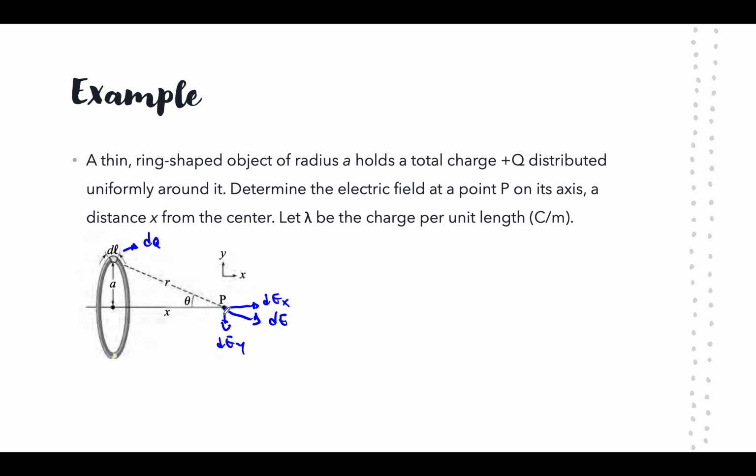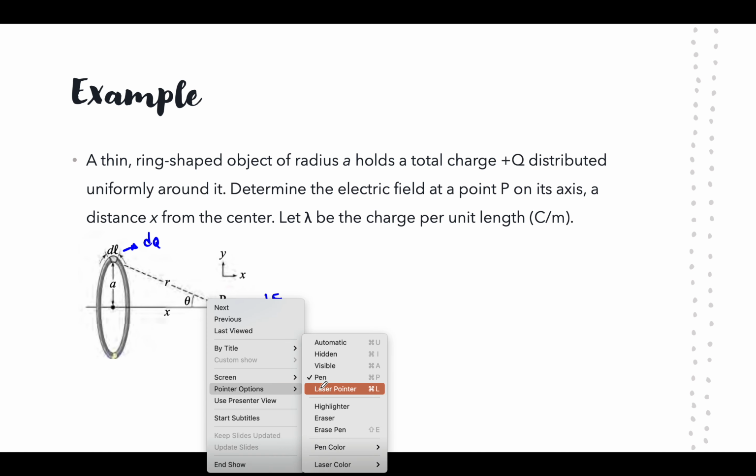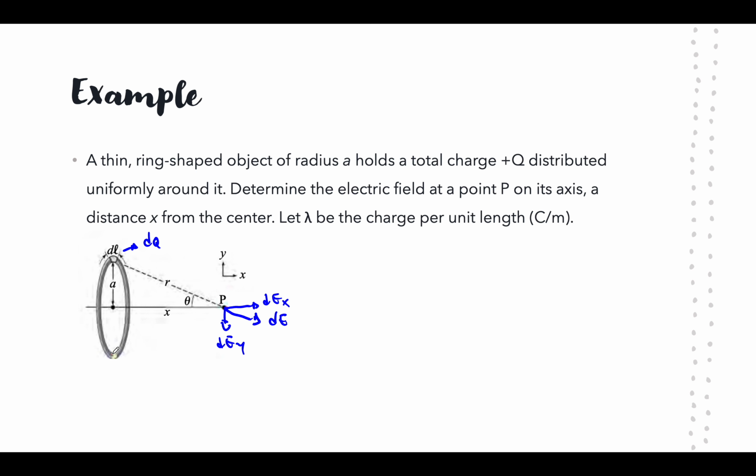Now, all the charge differentials are going to have components like this, right? So if we look at, say, this length differential exactly below the one that we analyzed, and we look at this dq, then this charge is going to create an electric field differential over here.